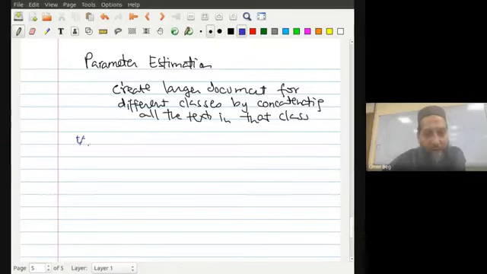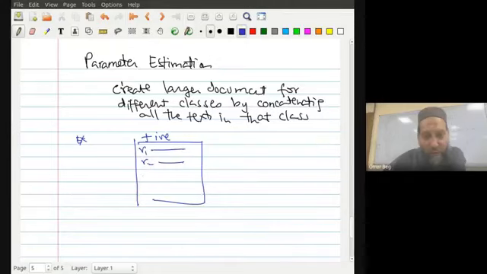For example, let's say I'm talking about reviews. So I have positive reviews and I have negative reviews. I create a document for all the positive reviews, so this would be review 1, review 2, review 3, review 4.